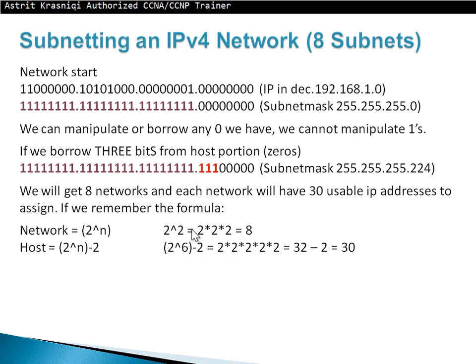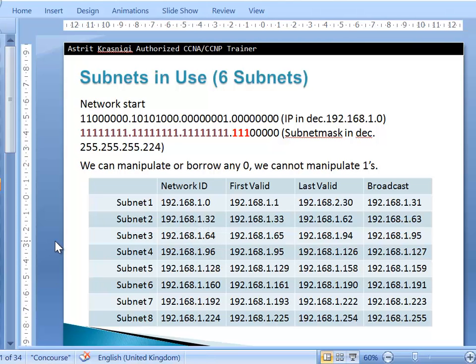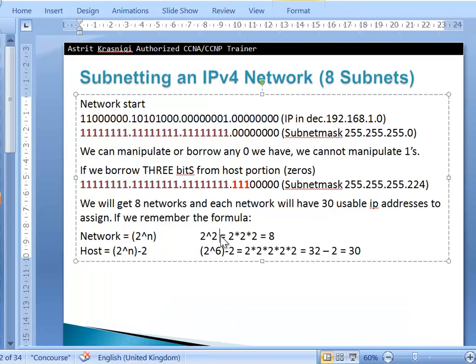For the network, 2 to the power n, which is like 2 to the power 3. 2 to the power 3 is like saying 2 times 2 is 4, times 2 is 8, so 8 networks.